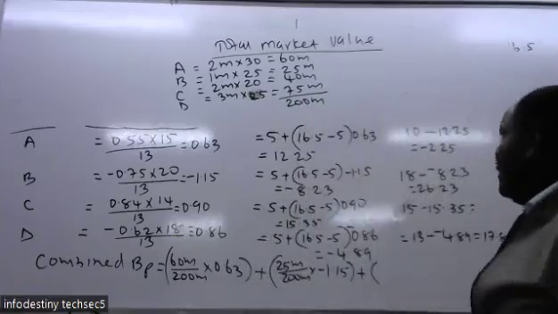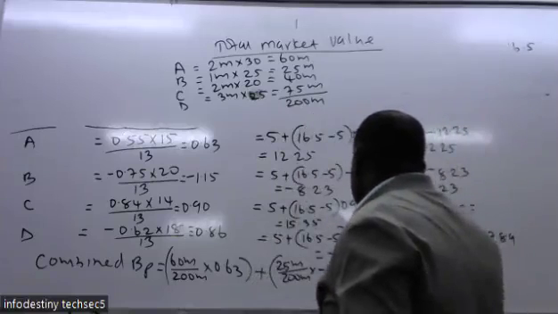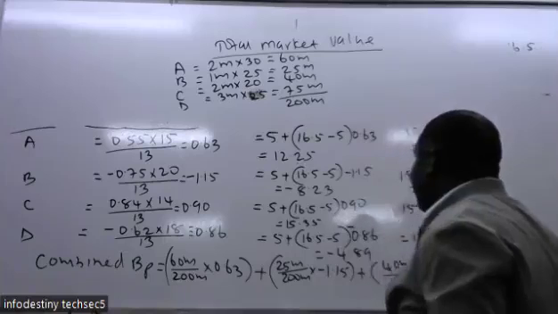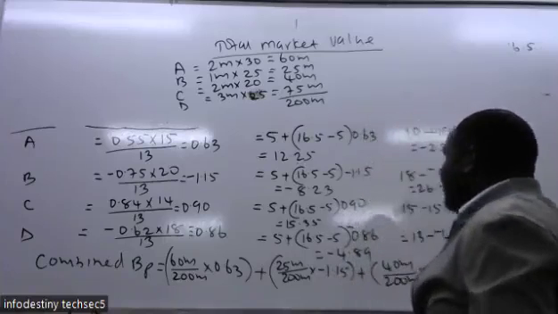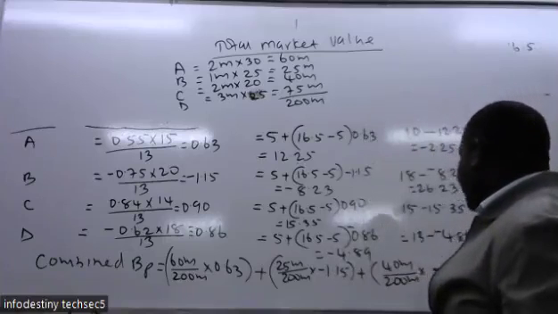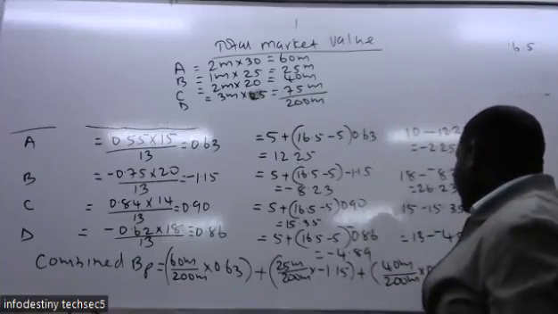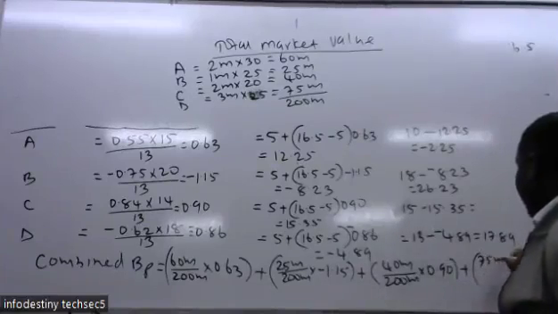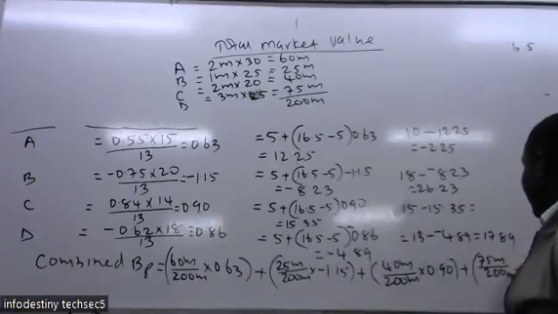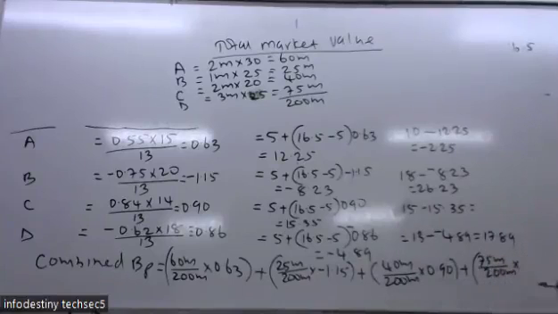And for C, you take 40 millions. We also divide by the total, which is 200 millions. You multiply negative 0.90. Then the last one, you take 75 millions. We also divide by 200 millions. So this one we multiply negative 0.86.